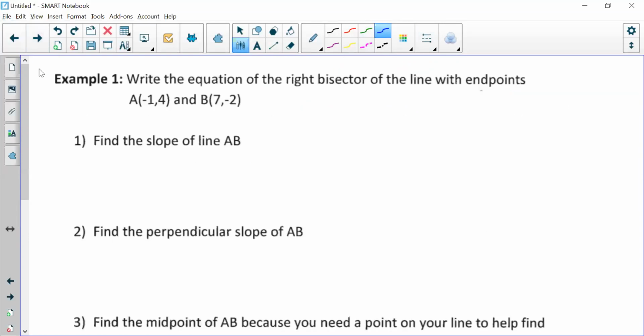Write the equation of a right bisector that goes through a line with endpoints -1, 4, and 7, -2. So he's only giving us the endpoints of this line, which is fine. And we want the right bisector. Okay, start with this part of the word. Right means perpendicular. So what do I know about its slopes?